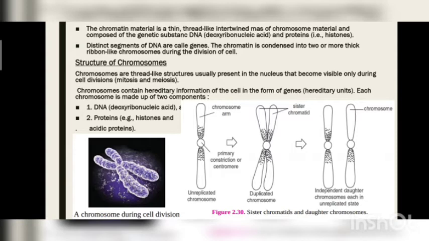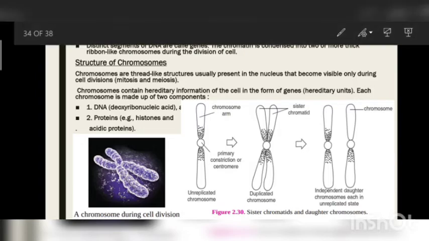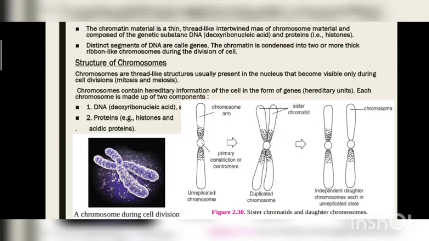Which protein? A special type of protein called histone protein. What do you mean by histone protein? Histone protein is a binding protein. Okay, and all distinct segments of DNA are called genes.